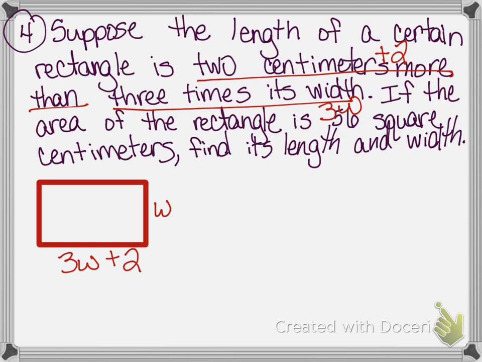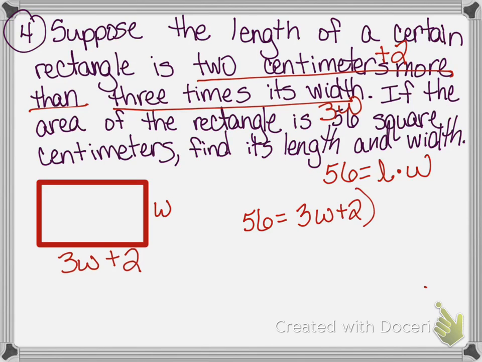If the area of the rectangle is 56 square centimeters, so that's going to be 56 is equal to our length times our width. So here I've got 56 equals 3w plus 2 times w. Now we can solve.